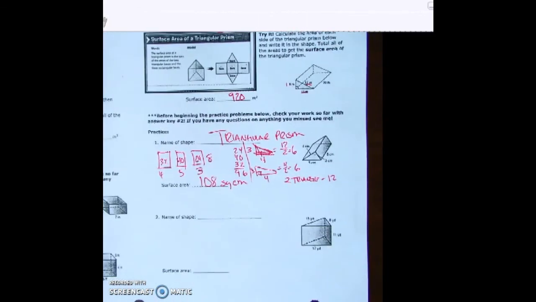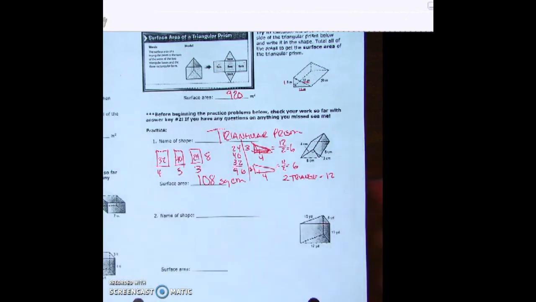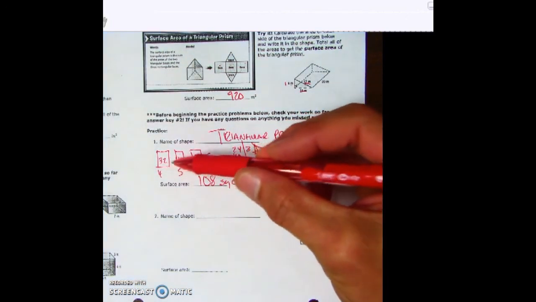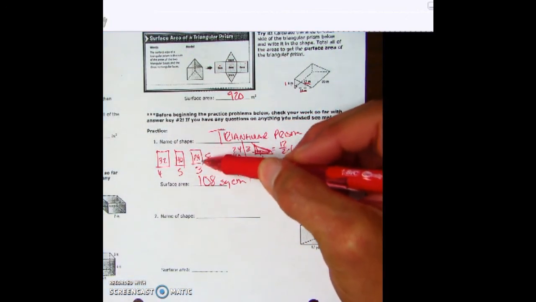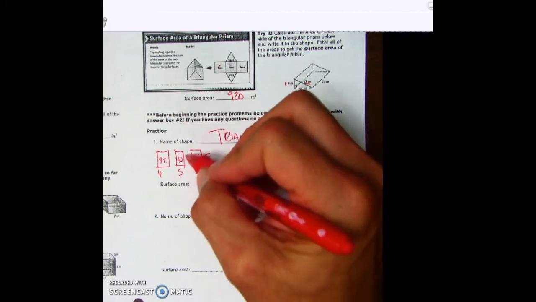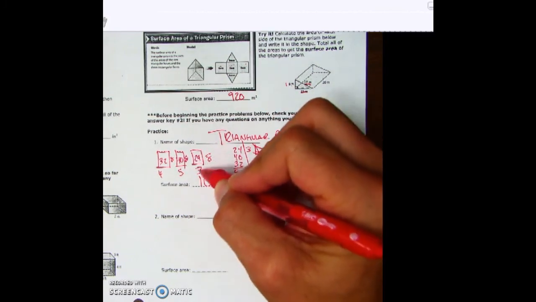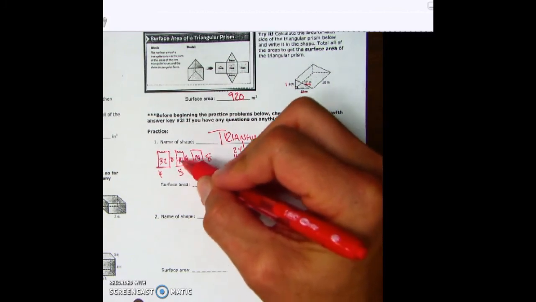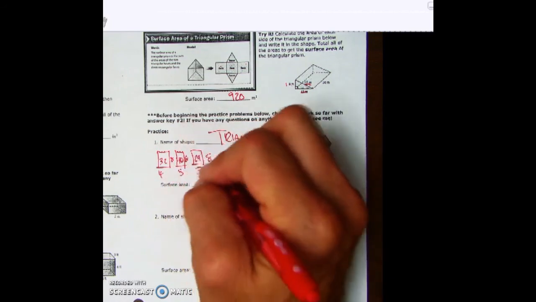Okay, so coming back, the answer to the first problem on the practice was, did you get 108? So your three faces, they're all 8 high. So you have 8, 8, and 8. 8 times 3 is 24, 8 times 5 is 40, and 8 times 4 is 32.